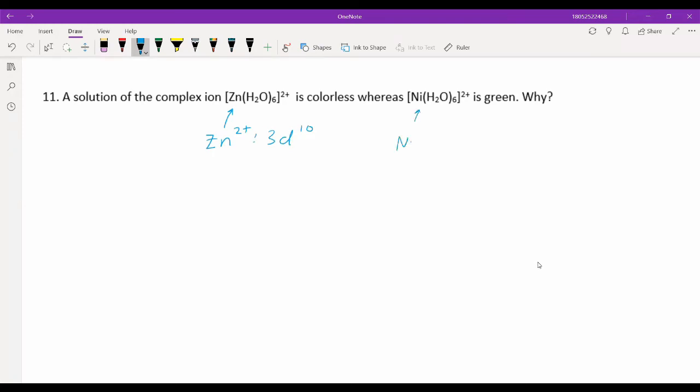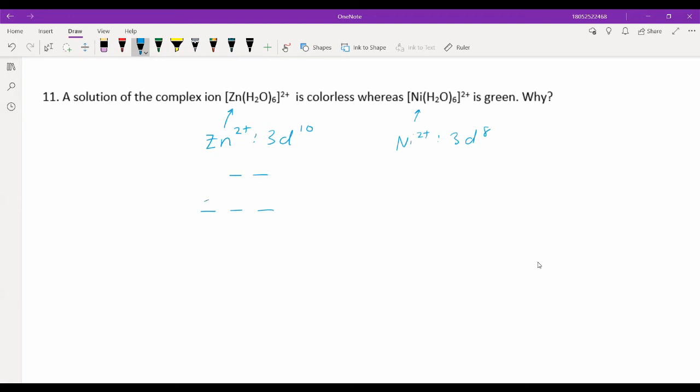The nickel 2+ ion has 8. So remember from quantum mechanics and electron and light behavior that when a photon comes in, in order to be absorbed, it has to promote an electron, conservation of energy. So the electron has to jump up.